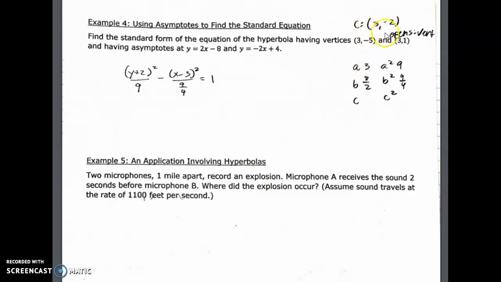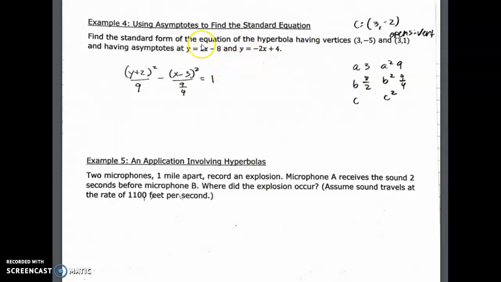It also gives us our center point, and it tells us that we're opening vertically because it's our y coordinates that are changing, which means that our y's are going to come first in our equation. Okay, so in order to find the other pieces of information, we have to use our asymptotes. If you look at the slope of your asymptotes, because we're opening vertically, remember it's your a value over your b value.